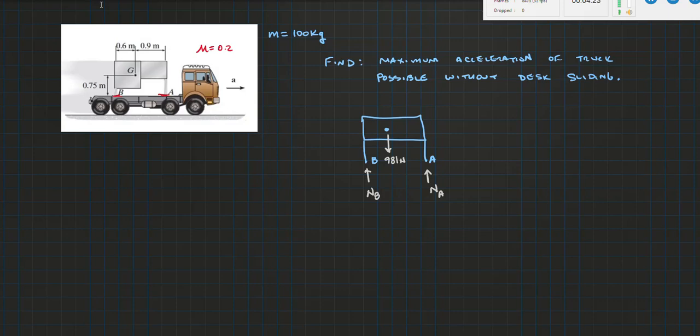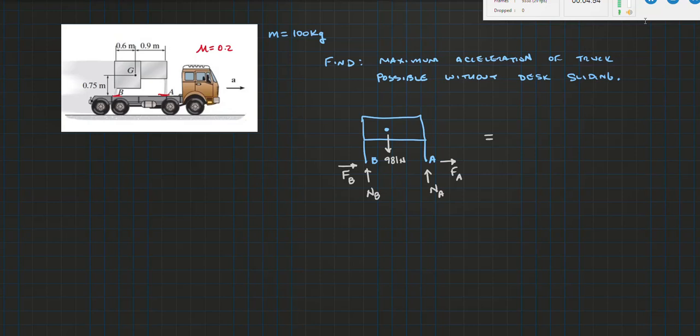Well, if our truck is accelerating this way, that means relative to the truck, the desk would move in the opposite direction. So our friction should oppose that. So this is the friction at B and our friction at A.